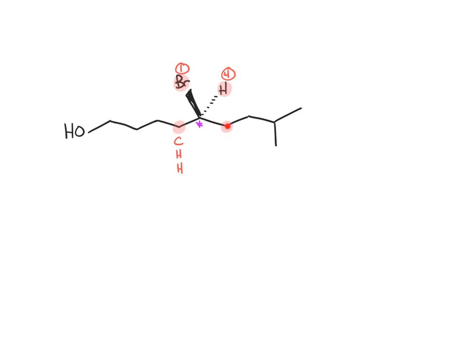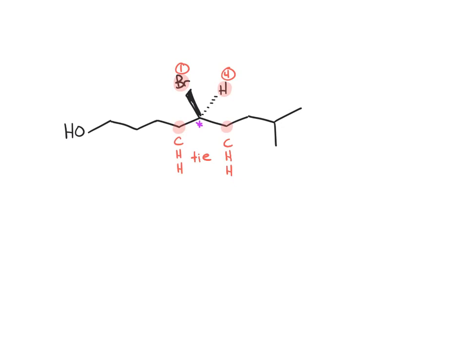It's attached to a carbon, a hydrogen, and a hydrogen. Well, guess what? We have a tie. So if you run into a tie, just move one step down the chain and do another comparison.